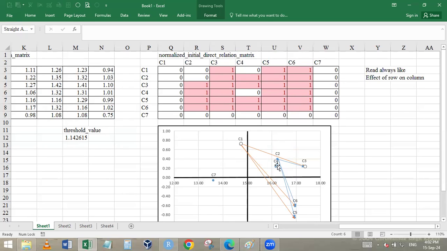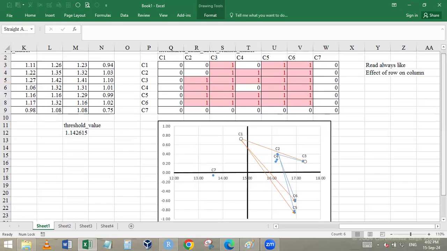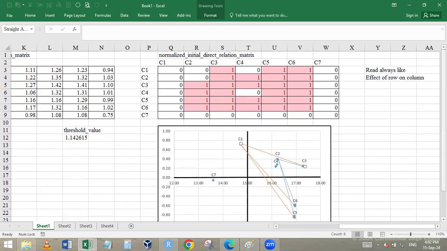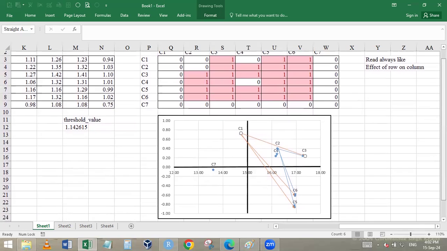Anything else? Okay, I have a couple of questions. Yes, sir. One is, if we look into this particular diagram of the C1 to C7, the table that you have shown here with the calculation for the normalized initial direct relationship matrix. Typically, what we have seen is there are 25 minus 4, so 5 by 5, having a value of 1.